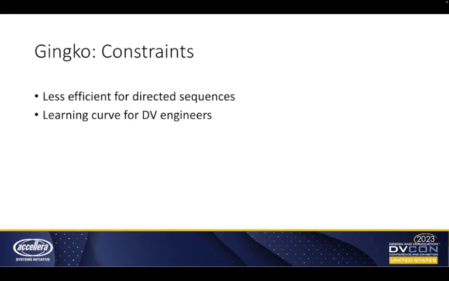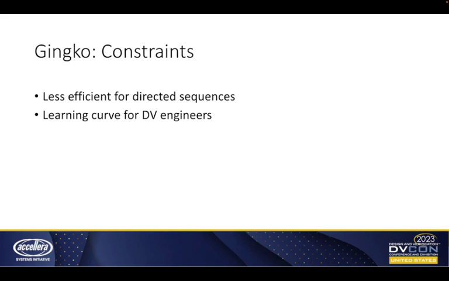There are still some constraints for Jinko. For now, it cannot provide a very meaningful and complicated sequence. On the stimulus side, the stimulus still needs input from the design verification engineer. In the future, we hope to enhance the Jinko framework on this side.